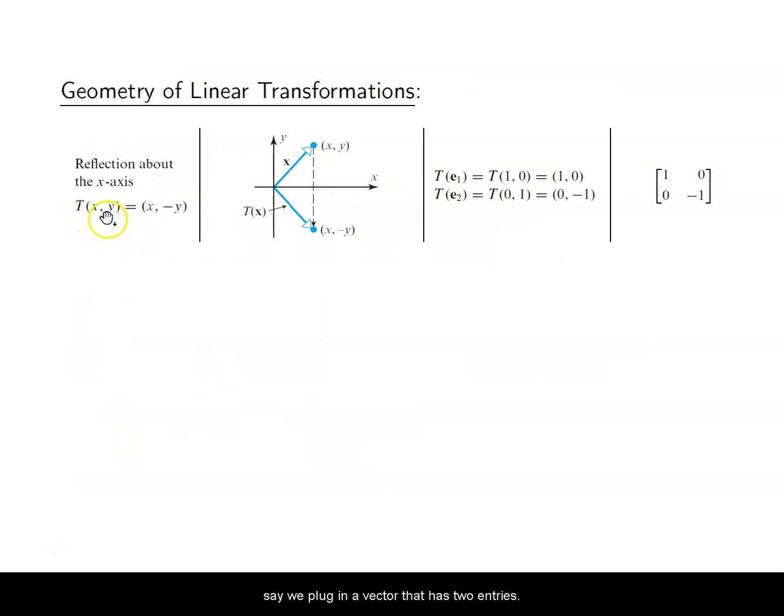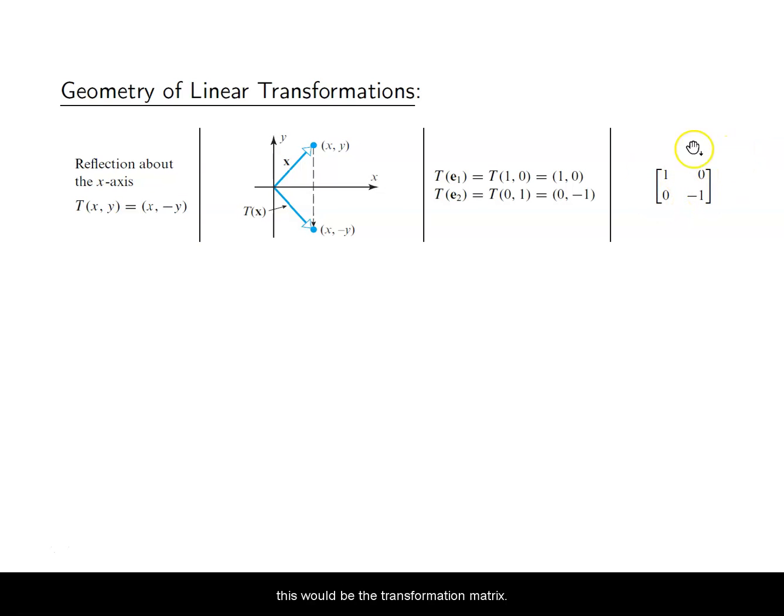So let's say we plug in a vector that has two entries, and our transformation is given by the second entry being negative y. Notice that we are plugging in two things, x and y. My transformation matrix will look like [1, 0; 0, -1], because the first equation has only an x and no y, and the second one has no x and a negative y.